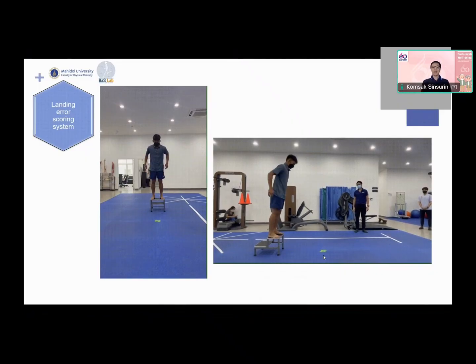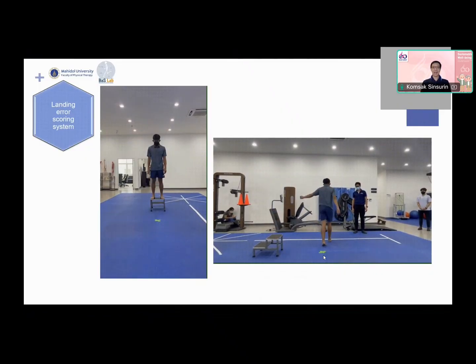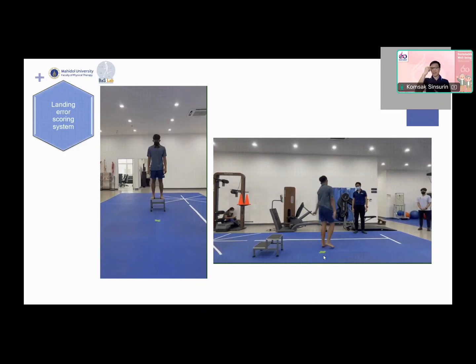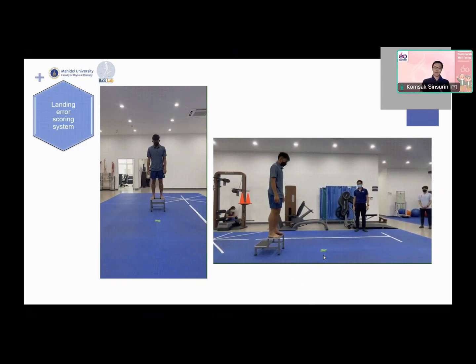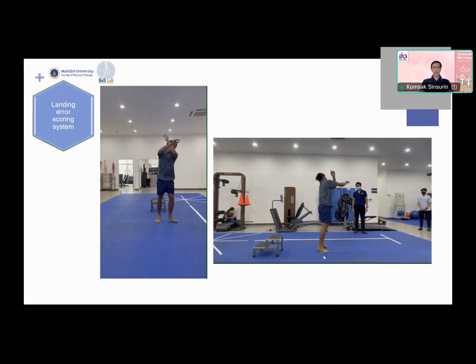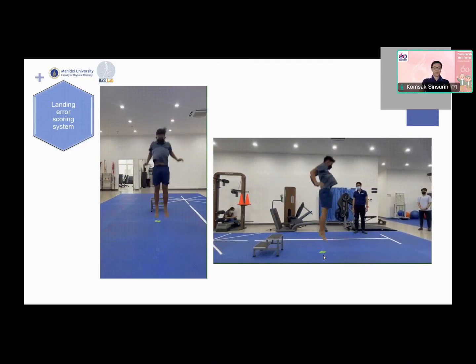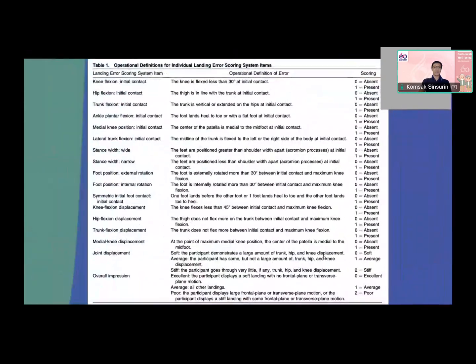Then we ask them to jump and land with both legs and jump immediately with the highest height they can. During the jump and landing task, we record video from the front view and the side view. Then we use the video recording to score the movement errors on all items here.